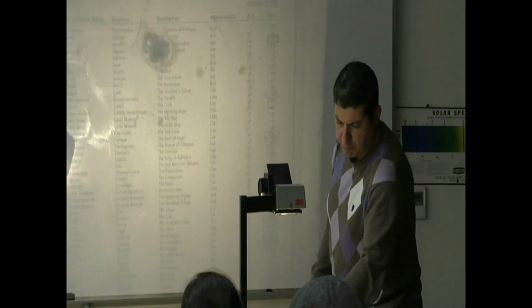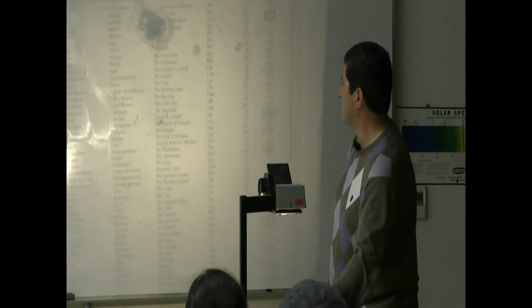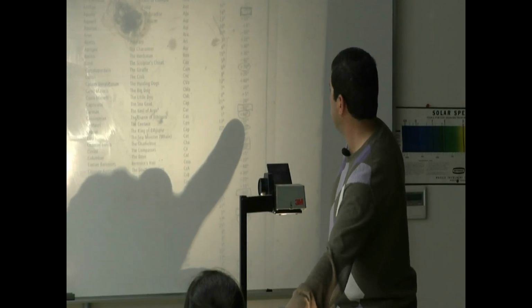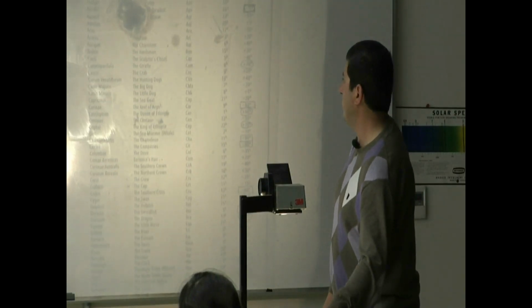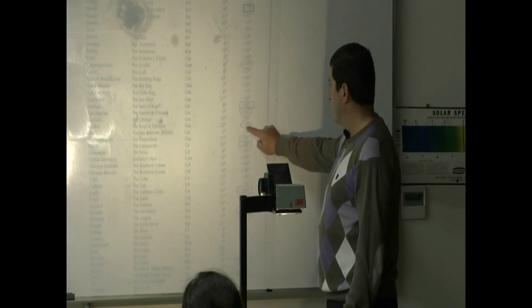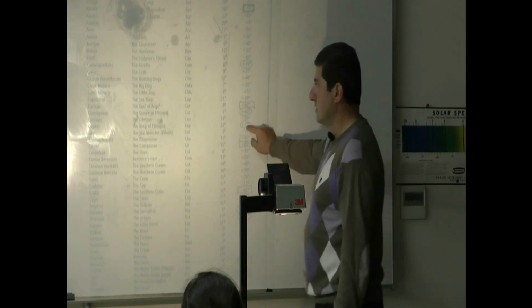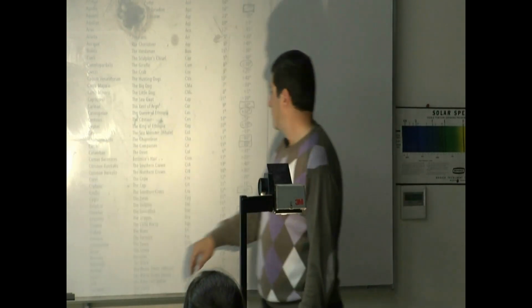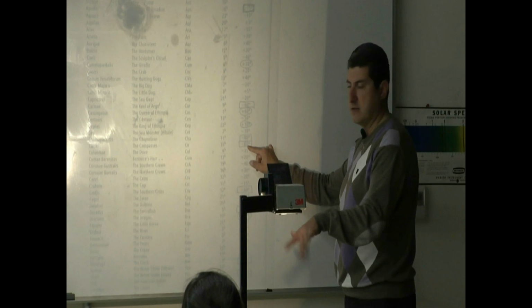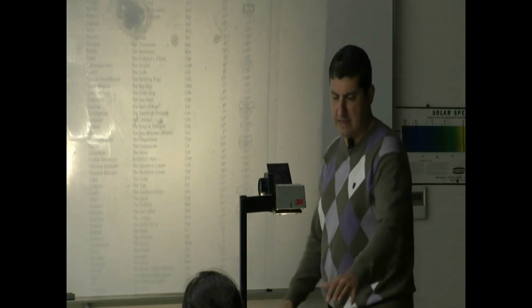Then I went and I put Carina, I put an X, -60. You can never see from LA. Cassiopeia, +60. You can always see. +70. You can always see. Circumpolar, -80, -60. You cannot see from LA. And then you can keep compiling that list.